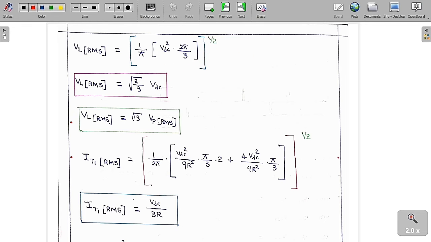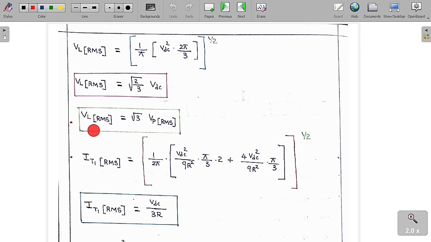So if you do this one, the line voltage RMS value is equal to square root of 2 by 3 into VDC. So I recommend you remember only this line voltage RMS value. So therefore, the line voltage RMS value is equal to square root of 2 by 3 into VDC. So we can simply say that the line voltage RMS value is equal to root 3 into the phase voltage RMS value. So this is the relation between the RMS value of the line voltage and the RMS value of the phase voltage.